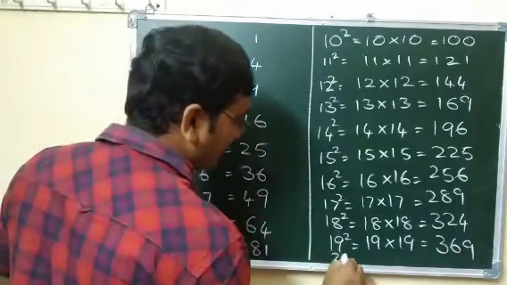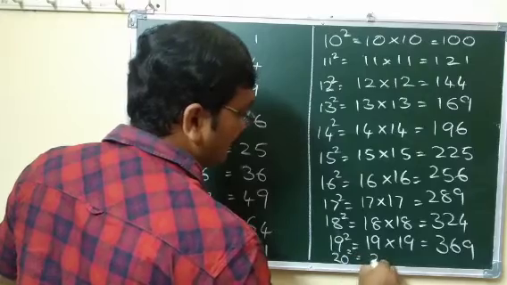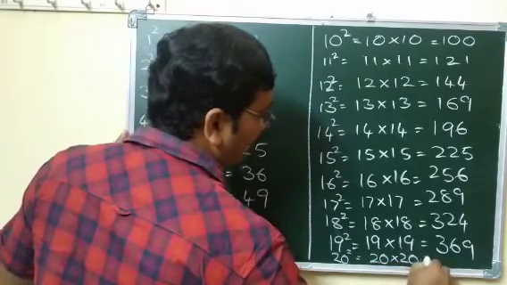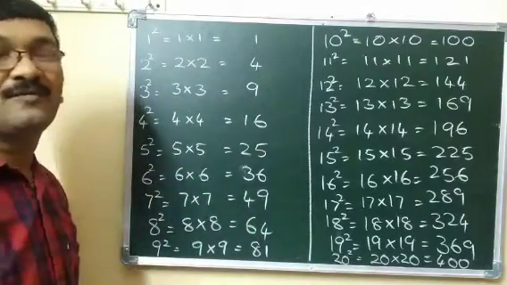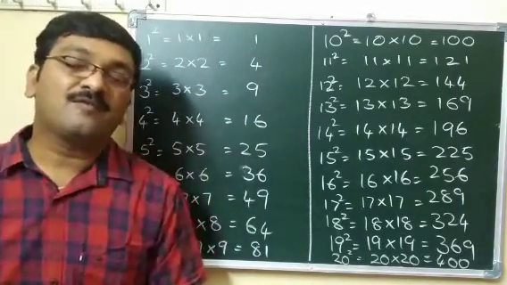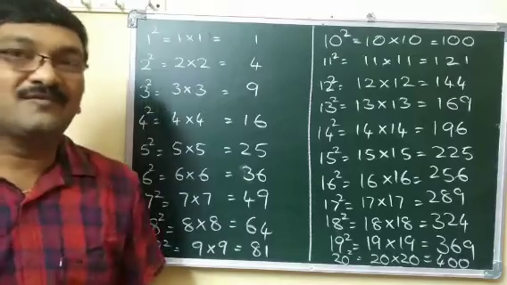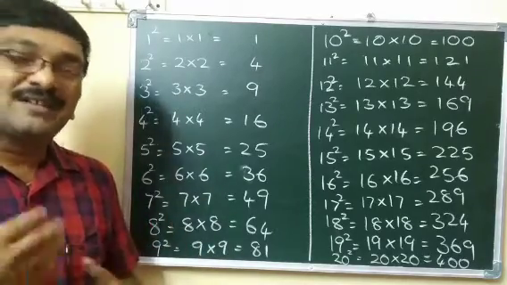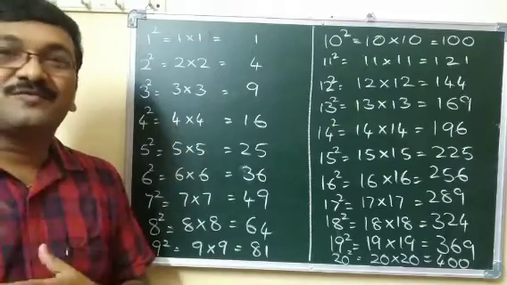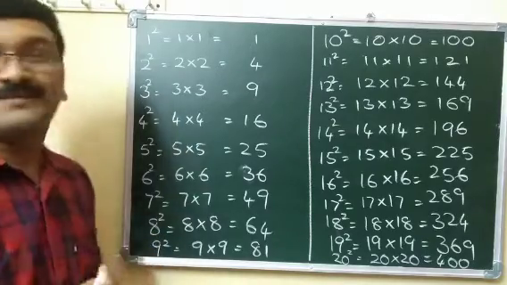And 20 square, here there is not enough space, so I am writing a little bit small. 20 into 20 is 400. 21 square is 441. 22 square, 484, and so on. 25 square is 625. 35 square is 1225. You can say up to the hundreds.